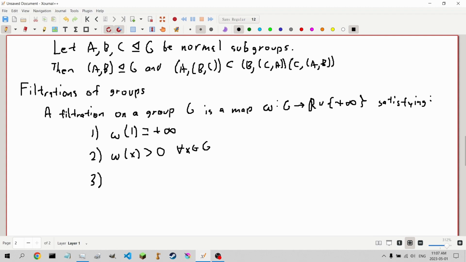Our third condition is that omega of x y inverse is at least the smaller, I'm going to use the term minimum, of how it acts on the individual elements.